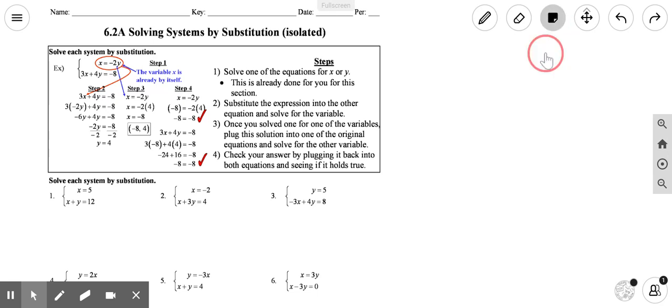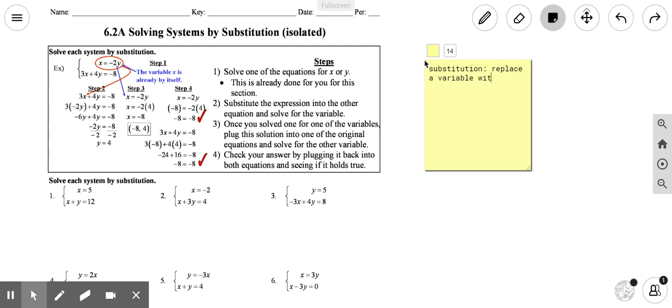So if you remember, substitution is when you replace a variable with a constant, another variable, or an expression.